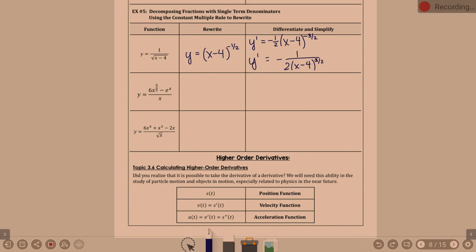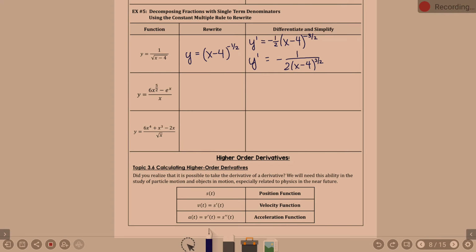You can go even further and put it in a square root, and then you have a power cubed, which means technically we can simplify it, but we'll just leave it like that. We're going to stop here.